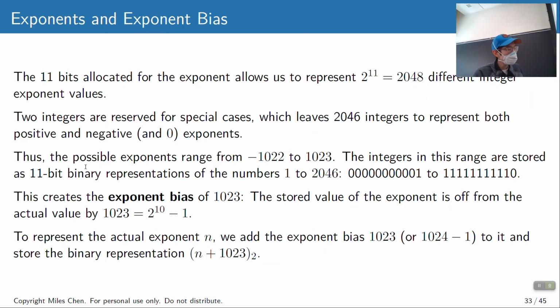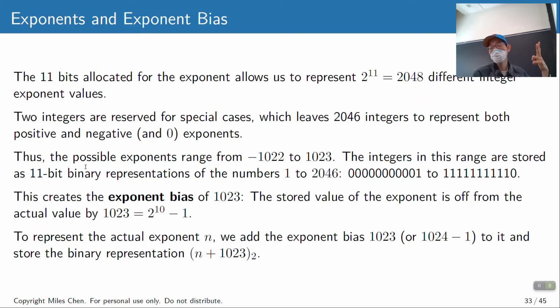We want to be able to represent both positive and negative values. So we divide 2,046 by 2 and get 1,023. We're going to use 1,023 for positive values, 1,022 for negative values, and one of them for 0.